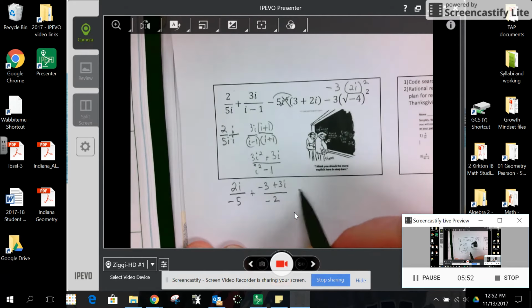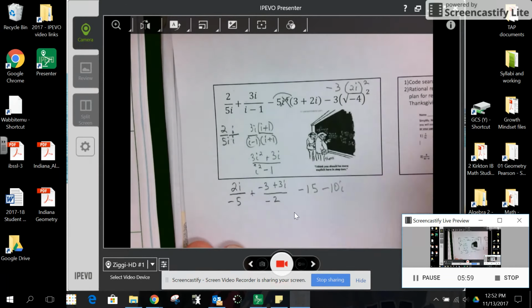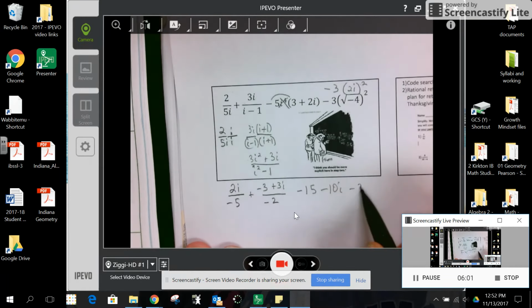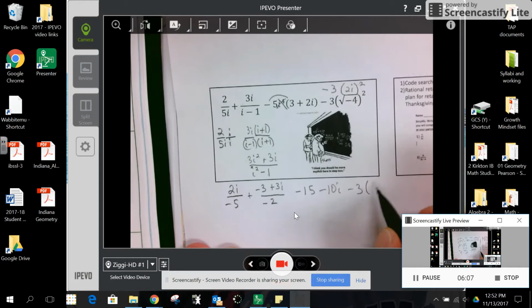Distribute the negative 5. And then I'm going to change the 2i squared to 4i squared, which is negative 4.